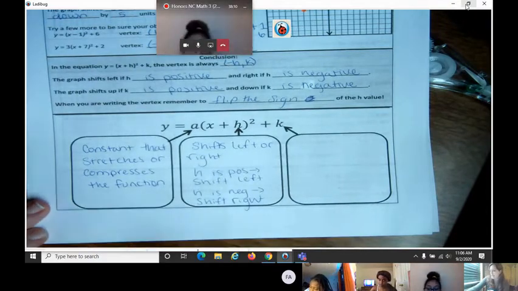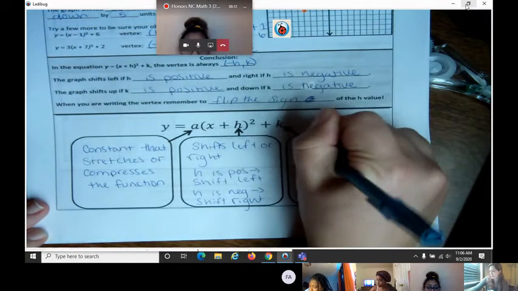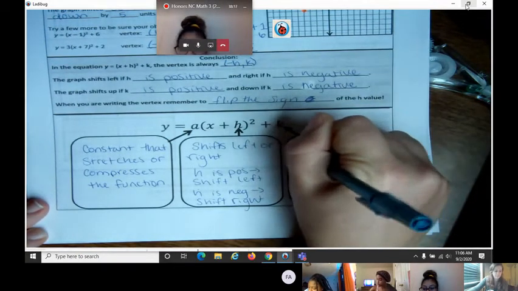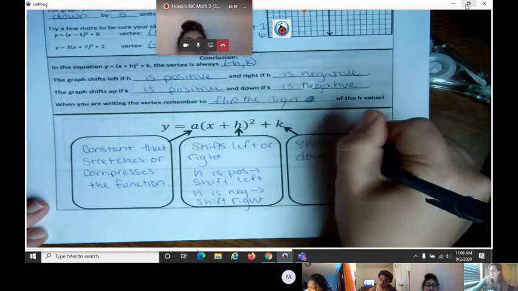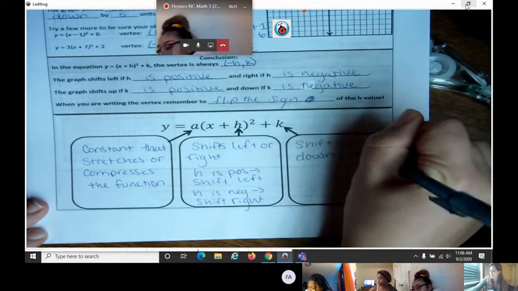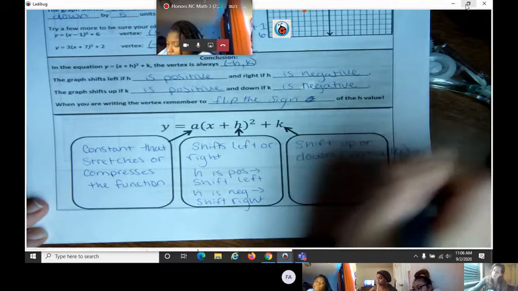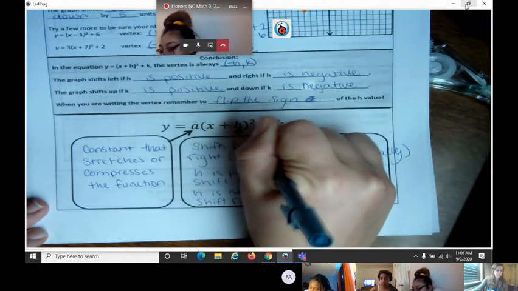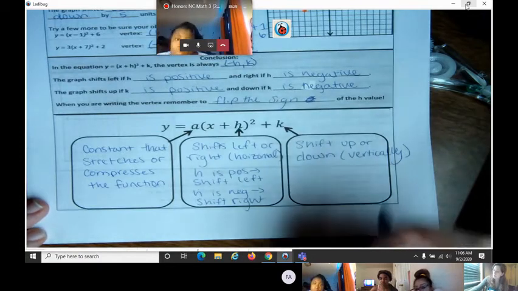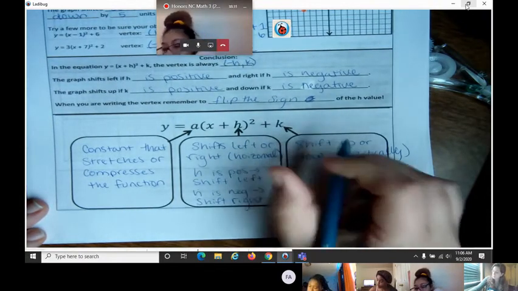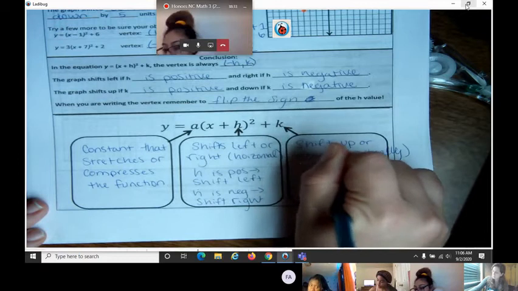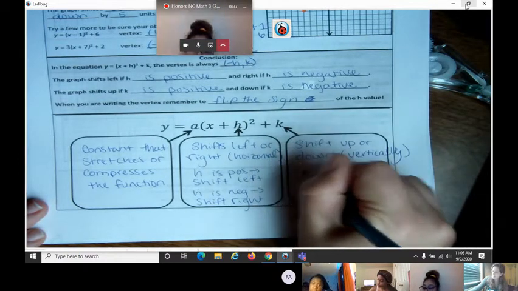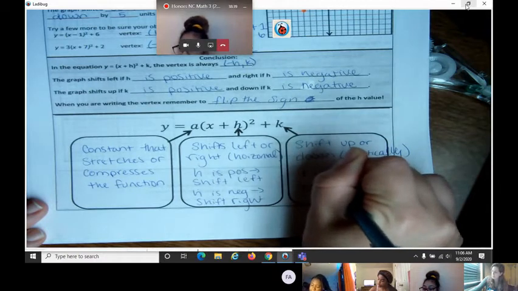And lastly, k is going to shift up or down. And it's going vertically. This one was horizontally. And if it's positive, it'll be up. And if k is negative, it'll go down.